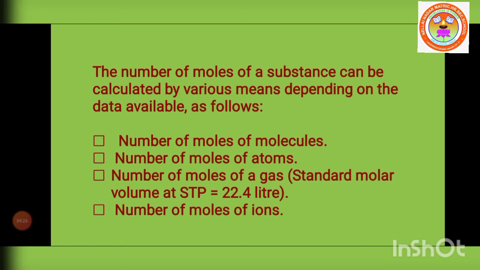They are as follows. First, the number of moles of molecules, number of moles of atoms, number of moles of gas. If the substance is a gas, you have to take the standard molar volume at STP, standard temperature and pressure. One molar volume of gas is equal to 22.4 liter.